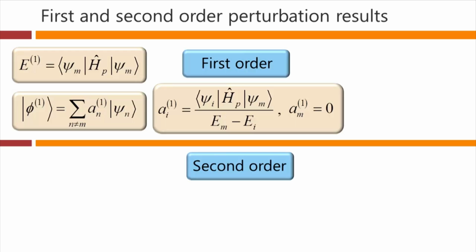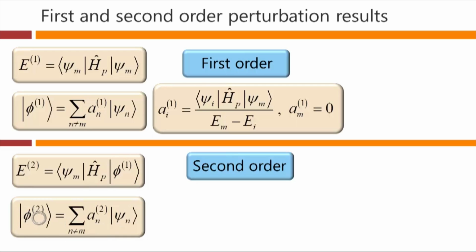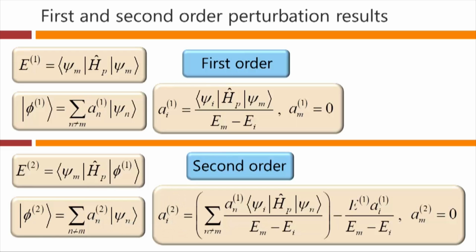And in second order, we have this simple expression for the second order correction, where we have the first order wave function correction in here. And for the second order wave function correction, we have it, of course, as an expansion on our basis set here, where these coefficients are as follows, where again we've chosen am2 equal to 0. So these are the results of first and second order perturbation theory, and these are the only formulae you need in order to use it.